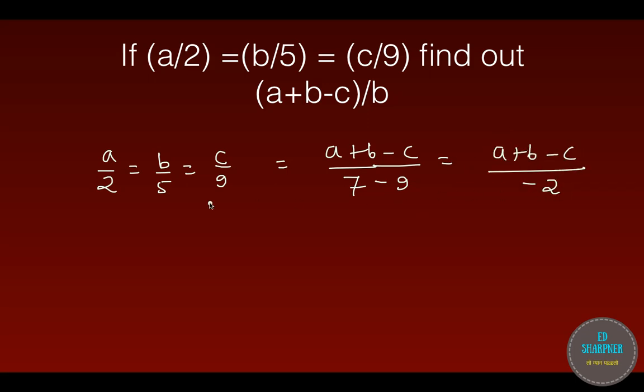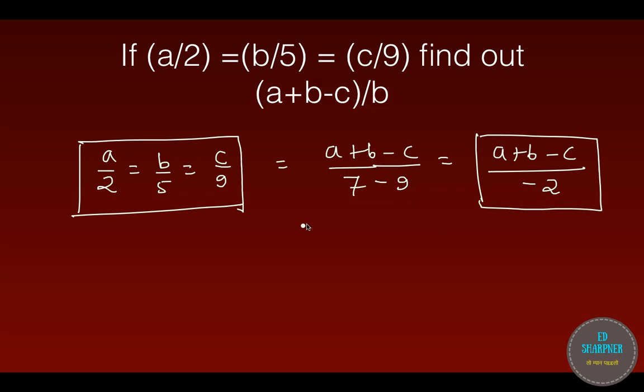Then I can subtract c and subtract 9 from the denominator, and I can write (a plus b minus c) divided by minus 2. So all these ratios are also equal to (a plus b minus c) divided by minus 2, right? I need (a plus b minus c) divided by b. So I can equate this ratio with b over 5, because I need b in the denominator.